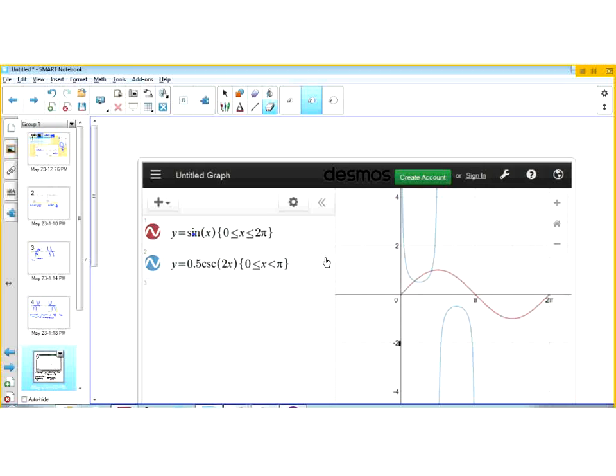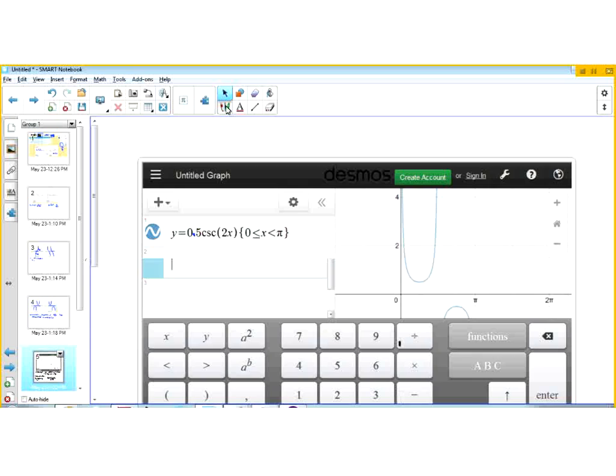Okay, so let's close these out. And so let's consider graphing, how about y is equal to 1/2 cosecant of 2x plus pi halves.